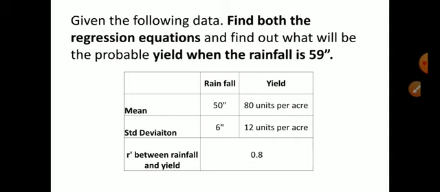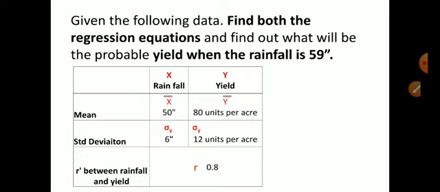That is how we will be calculating bxy and byx. Then we are going to substitute everything into the regression equations, that is x minus x bar is equal to bxy into y minus y bar, and one more equation is y minus y bar is equal to byx into x minus x bar. For those equations we have to substitute. Okay, we'll have a look.